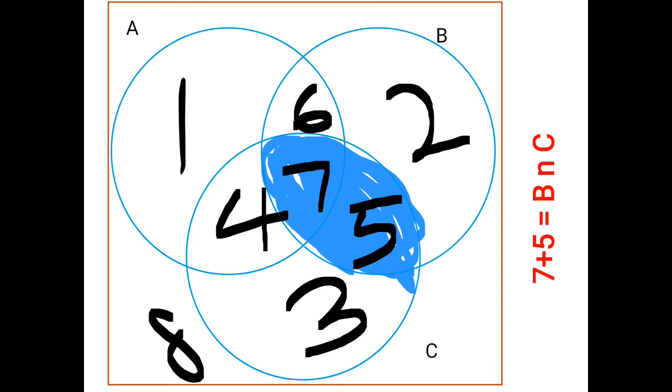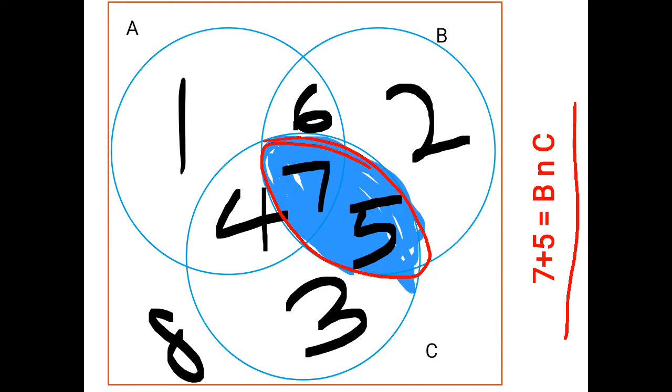If you get to word problem 2, you know how it works. All right. So over here, I've shaded two regions, region 7 and region 5. This region over here has been shaded. We are saying that mathematically it is known as B intersection C.